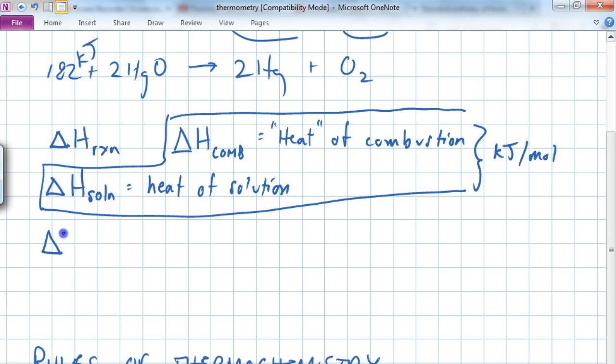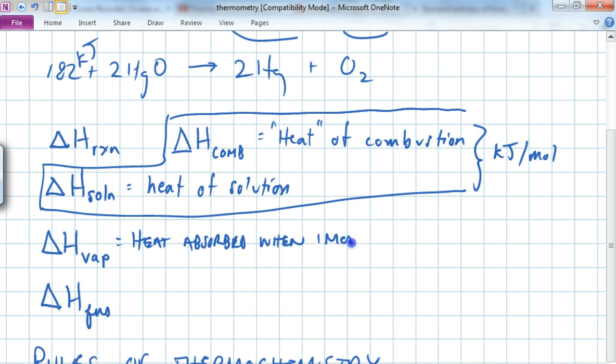A couple other important forms of delta H are delta H of vaporization and delta H of fusion. Delta H of vaporization is the heat released, or heat absorbed, when 1 mole of a substance goes from a liquid to a gas.